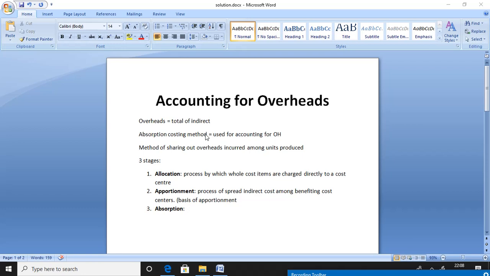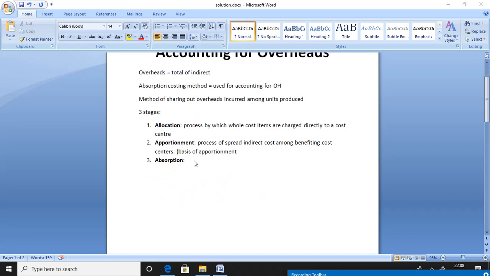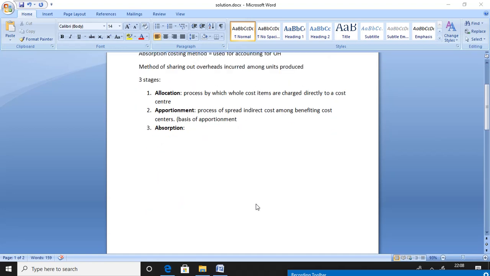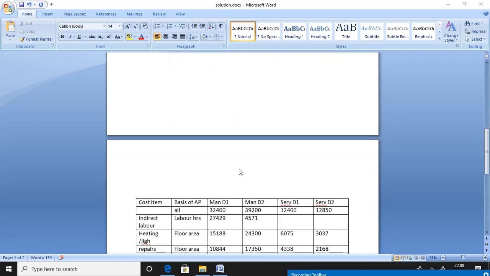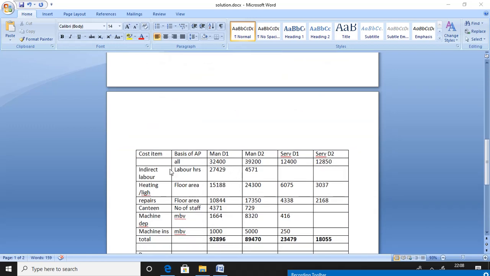The method is about sharing out overheads incurred among units produced, and the process takes 3 stages: allocation of costs, apportionment of costs, and calculation of the absorption rate. We have practically looked at how allocations are done, how apportionment is done, and how absorption rates are calculated. Thank you.